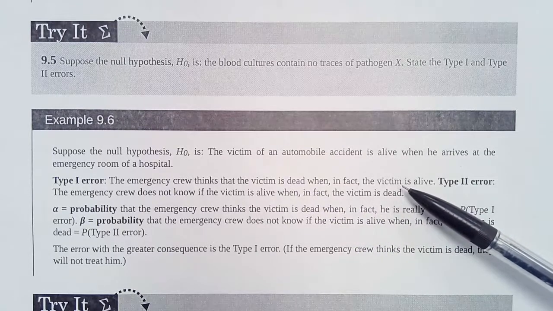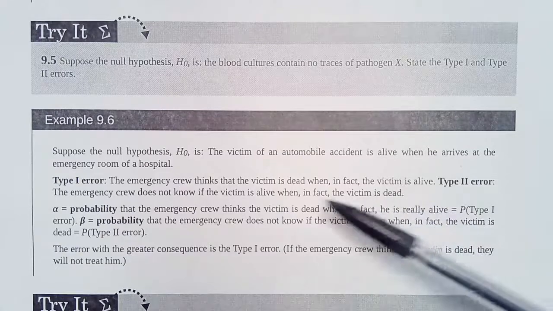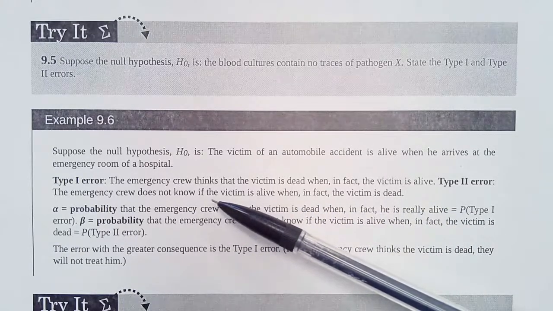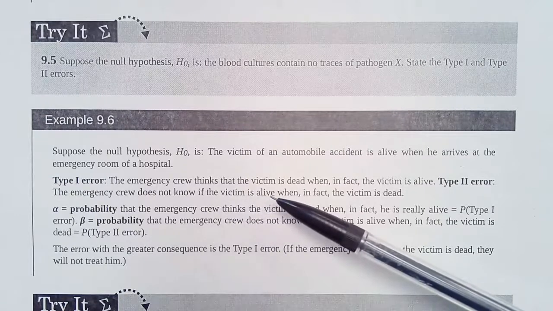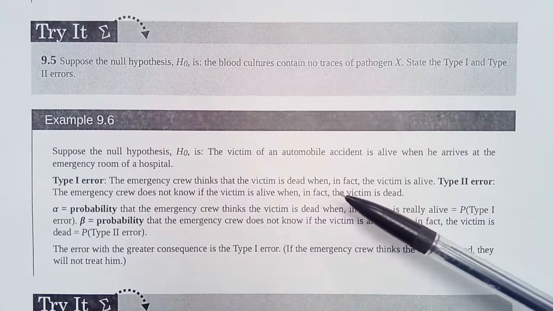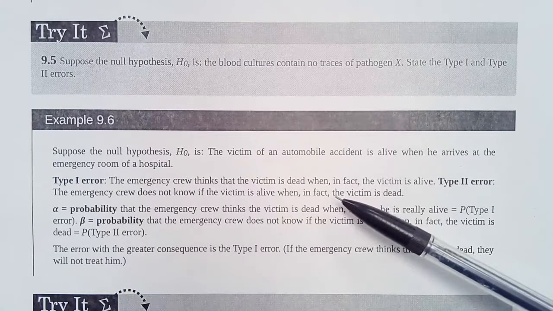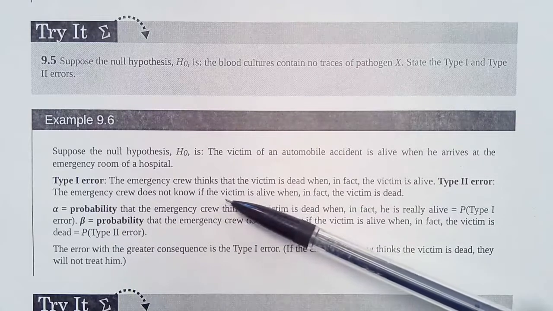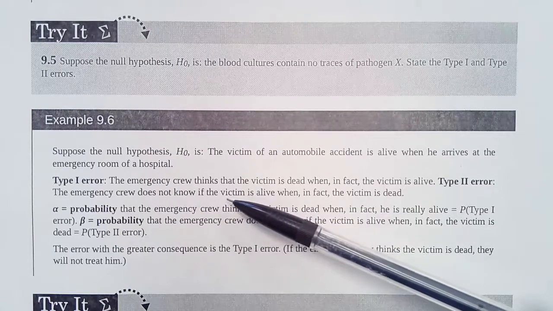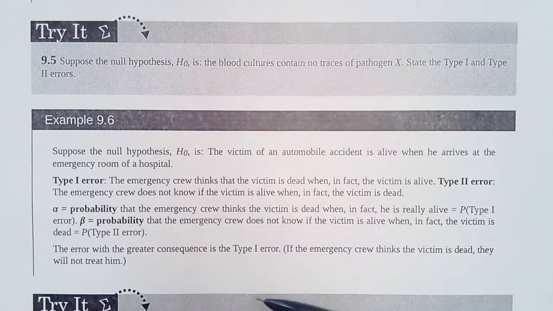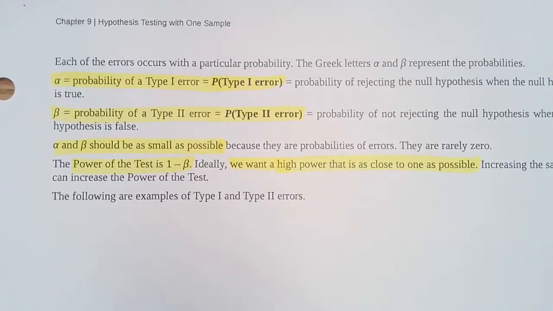And the type 2 error would be the emergency crew does not know if the victim is alive when in fact the victim is dead. So that'd be saying that the hypothesis is incorrect, and then the failure to reject that hypothesis.